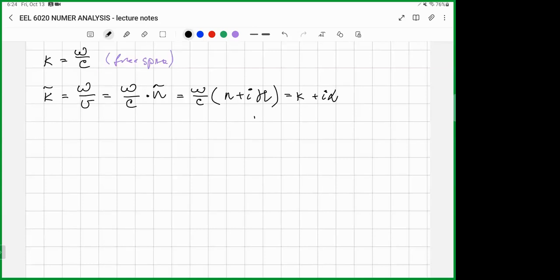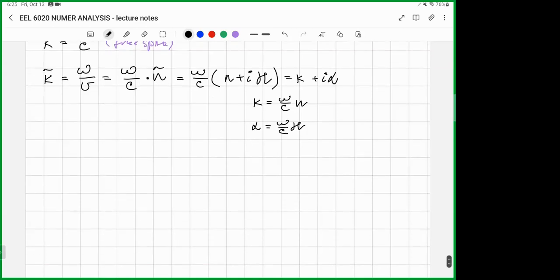So this k is equal to omega over c times n, and alpha is equal to omega over c times kappa. So why do we do that? Because this wave number describes how the field propagates, how the plane wave propagates in the medium.